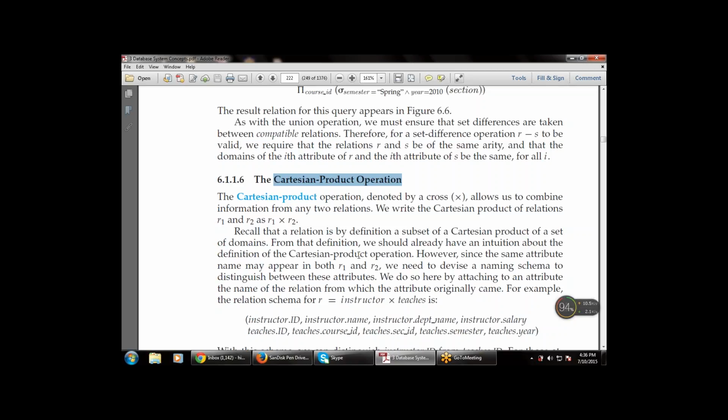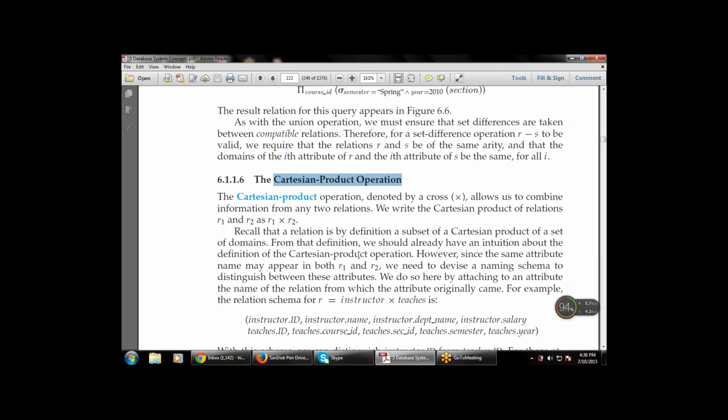Recall that a relation is by definition a subset of a Cartesian product of a set of domains. From that definition, we have already defined the relation and the various domains available in it.